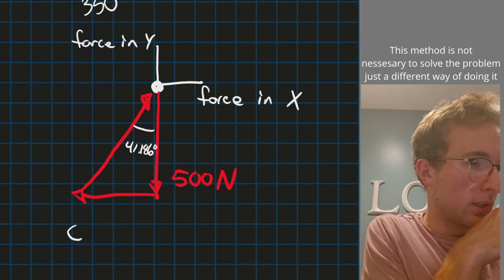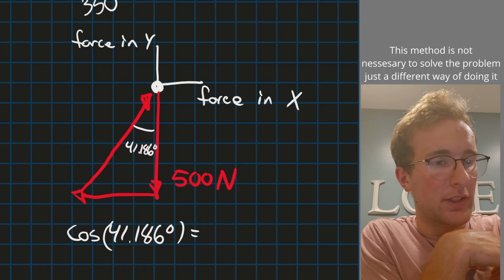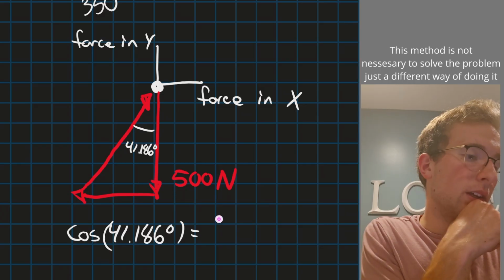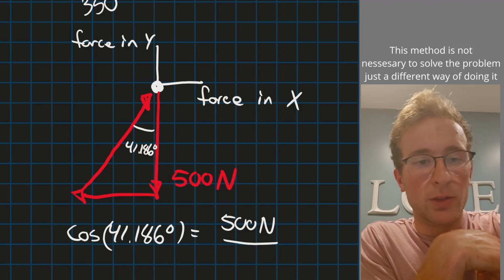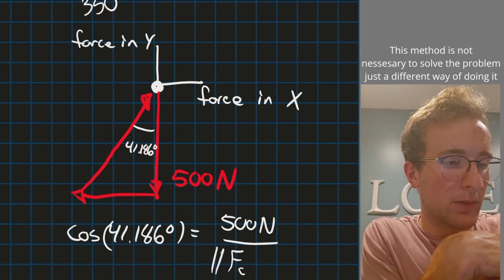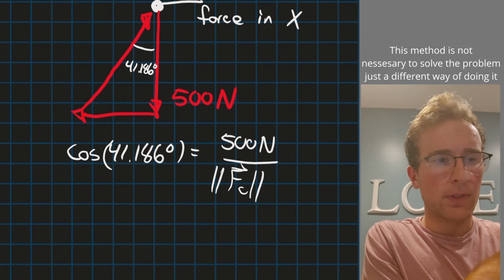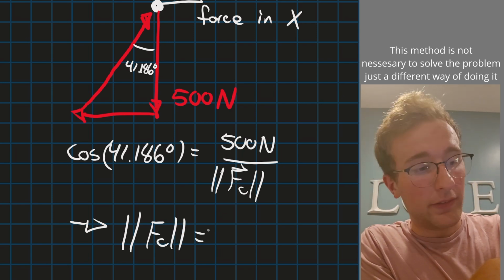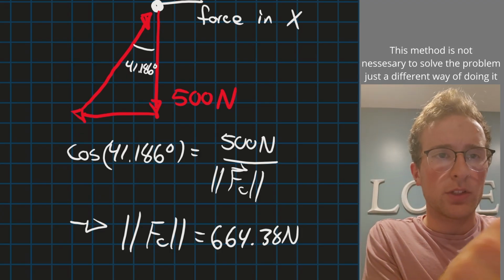We can write out that cosine of 41.186 degrees is equal to the adjacent side of a right triangle, so this length, which is 500 newtons, all over the magnitude of this force vector, which I'm going to call the magnitude of the force vector at C. So for that reaction force from the pin, I can solve and get a magnitude of 664.38 newtons. So we just found its magnitude.